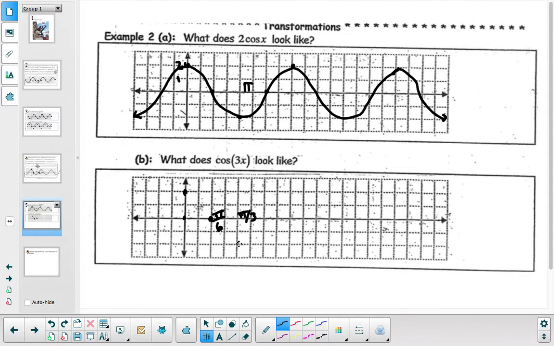I don't know which one's easier for you. And then 3 pi over 6 is pi over 2. I'm going to try to give some space. And then 4 pi over 6 is 2 pi over 3. And that should be our first cycle.